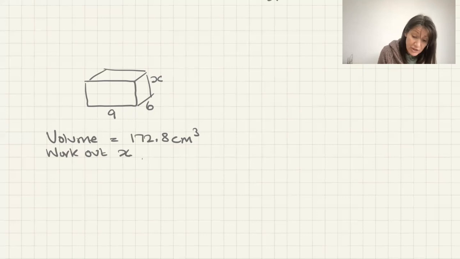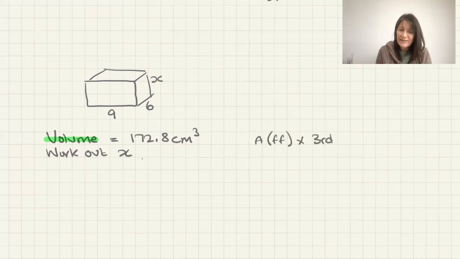Okay, so what I should be doing in an exam situation with a question that's different is I should be thinking, okay, what am I looking at? What do I know? I'm looking at the word volume. So I should know that that is the area of the front face times by the third length. And I should write that down so that I don't lose that information and that knowledge when I go back and start looking at more detail.